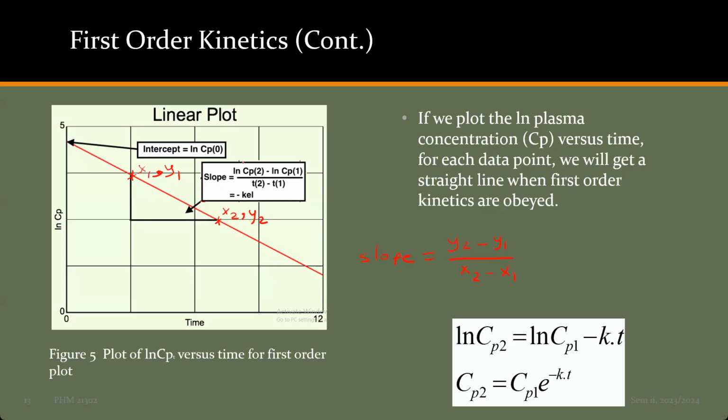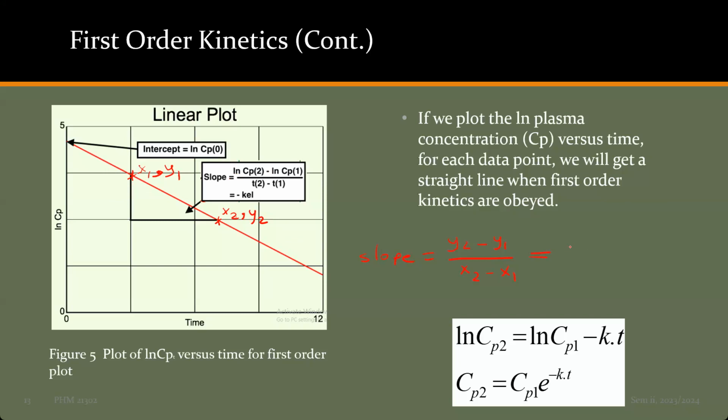So if you want to calculate the slope, the one that gives a linear relationship is ln the concentration, not the concentration itself. So when I write y1, I write ln CP1, and if I write y2, I write ln CP2. Remember this one, don't forget. You get a linear relationship not when you plot concentration versus time, but when you plot ln concentration versus time.